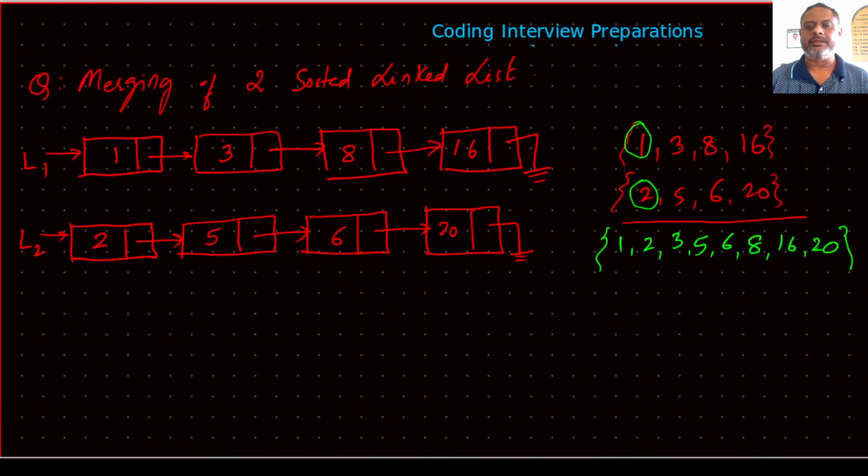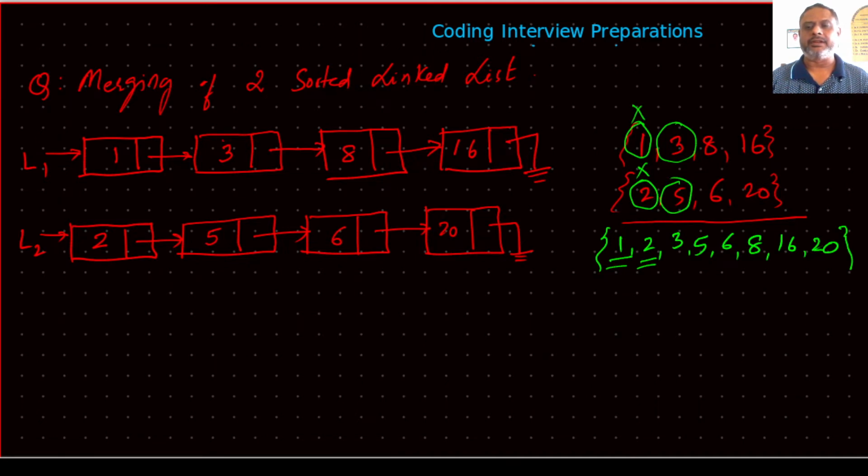We compare these two and realize that one is smaller, so we copy one first. Then the next smallest in this list is 3, which is still unused. Now compare 2 and 3. Two is smaller, so 2 is copied, and then we have 5 as the smallest.